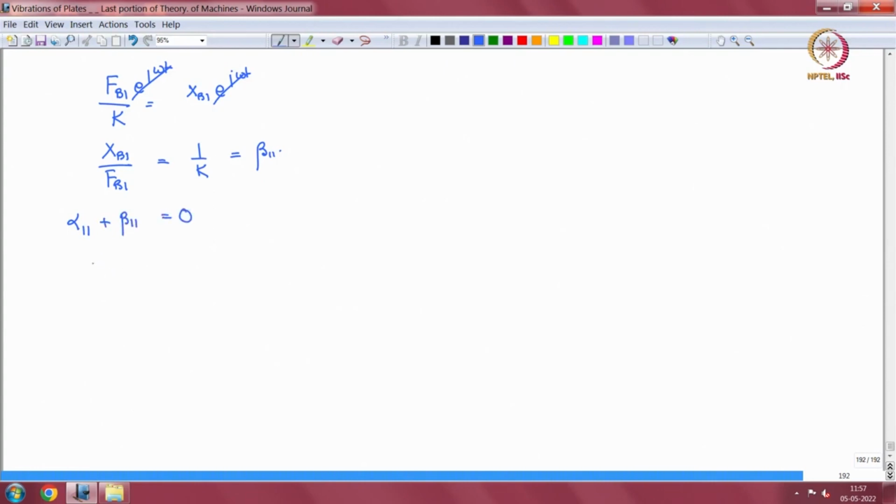And therefore, the double sum over m and n of 4 by rho h a b, sin m pi x star by a, squared, sin n pi y star by b, squared, by omega square mn minus omega squared, plus 1 over k equal to 0.